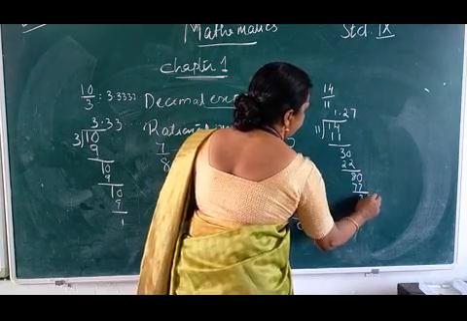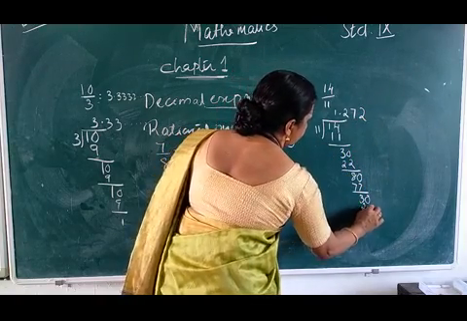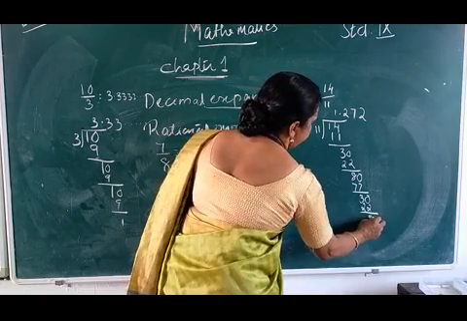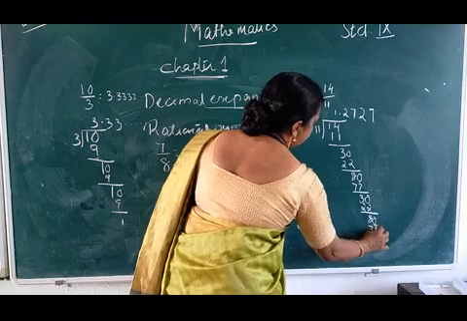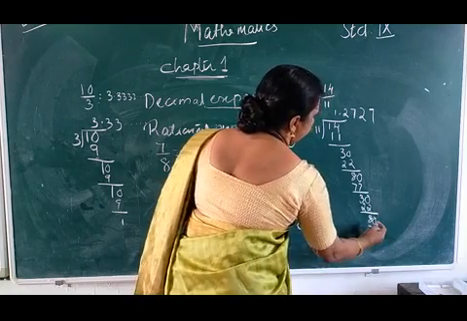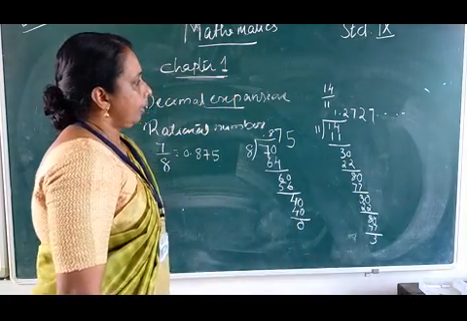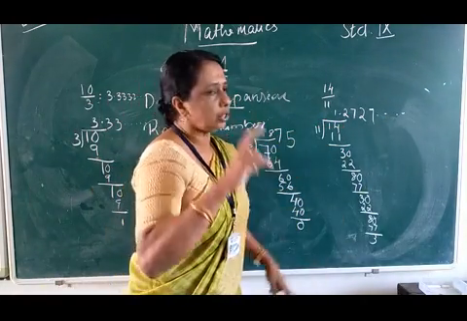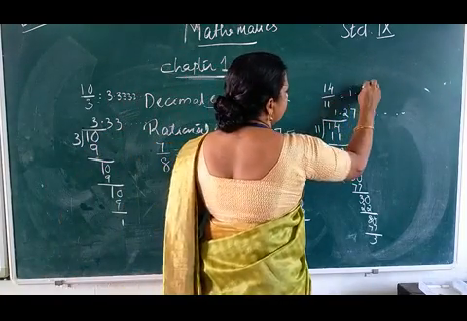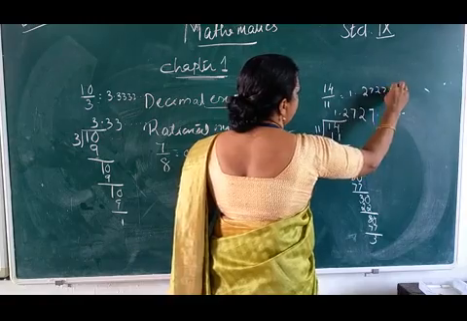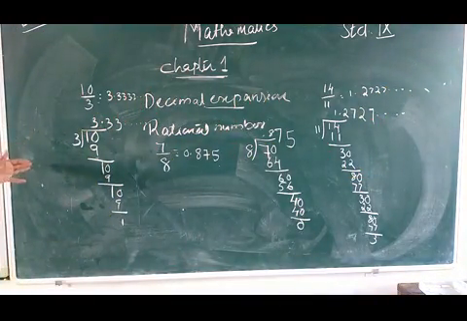Again 3, put a 0, 2 we get 22. Again 8, put a 0, we get 77. Again we get a 3. Here the decimal after 2 digits is repeating. That is 1.272727 etc.